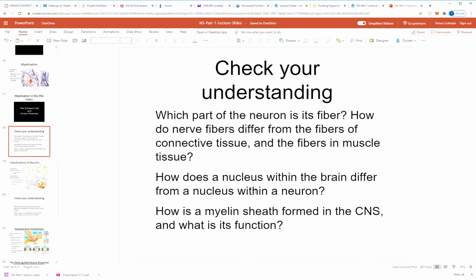Now, we did not address nucleus. We're going to talk about that much more in chapter 12 when we get to the central nervous system, but you will hear this term nucleus referring to collections of cell bodies within the brain. So if you see a collection of what we call gray matter, composed of cell bodies, dendrites, synapses within the brain, that will often be called a nucleus, like a basal nucleus.